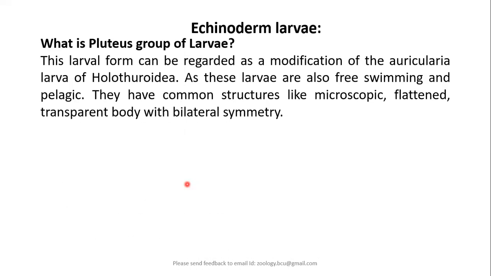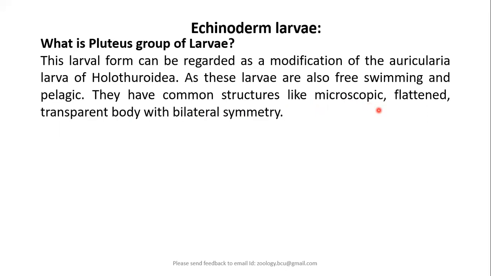Then, what is the Pluteus group of larvae? These larval forms can be regarded as modifications of the Auricularia larva of Holothuroidea. Why? Because all these larvae are free swimming, pelagic, and they also share a common structure.